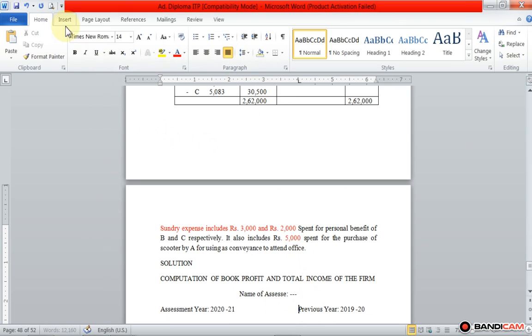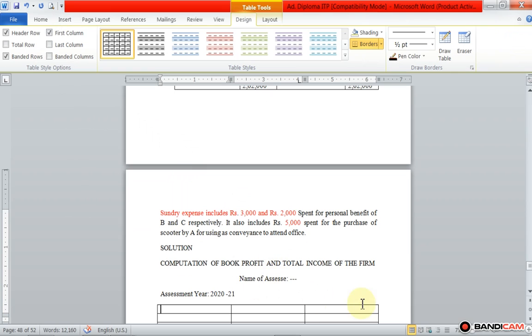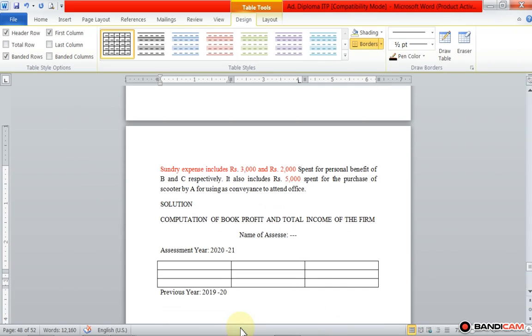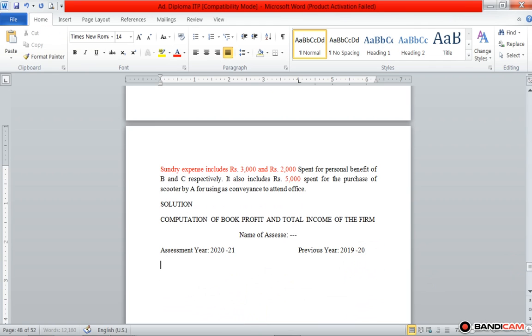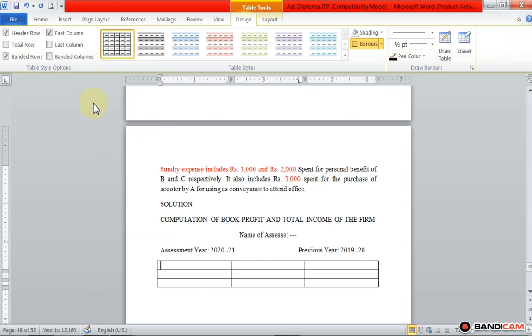Then prepare a three column format: particulars, rupees, particulars, rupees. Then net profit as per profit and loss account.